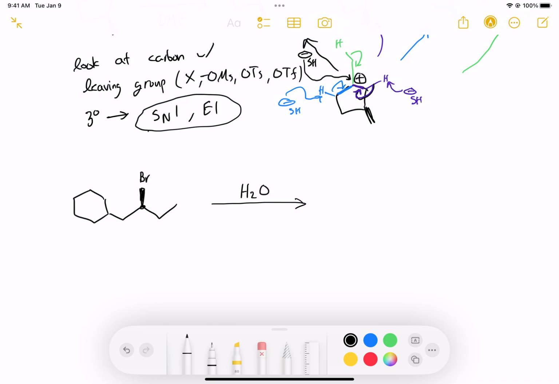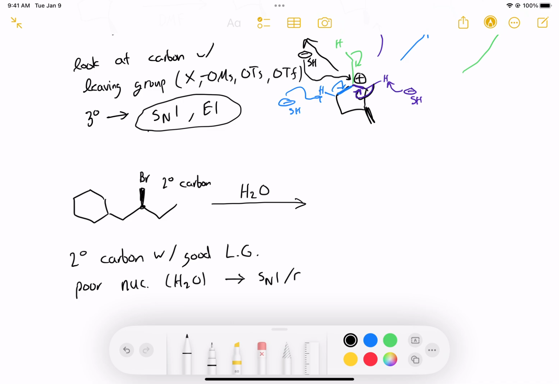So we look at this carbon. This is a secondary carbon, and we have a secondary carbon, but with a good leaving group. But we have a poor nucleophile. Water. So these conditions are favorable again for SN1 and E1.